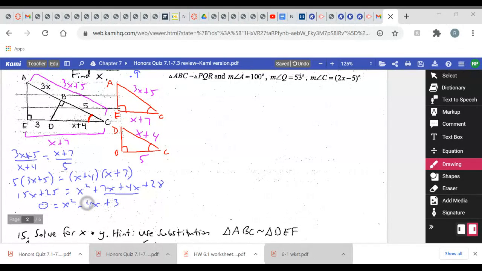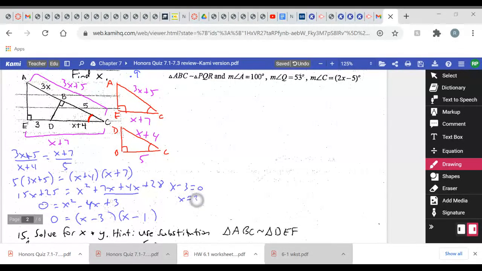So minus 4x plus 3. So now if I factor that, I end up with x and x multiplies together to give me x squared. And my two magic numbers are -3 and -1 because they multiply together to give me +3, add together to give me -4.